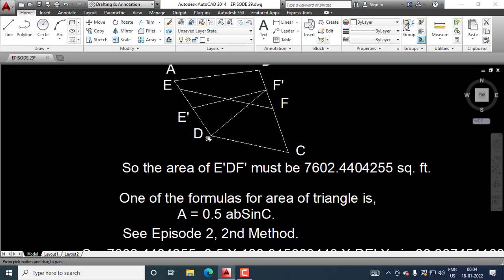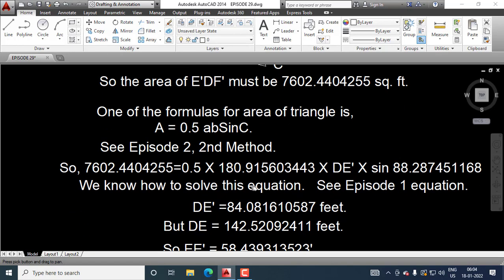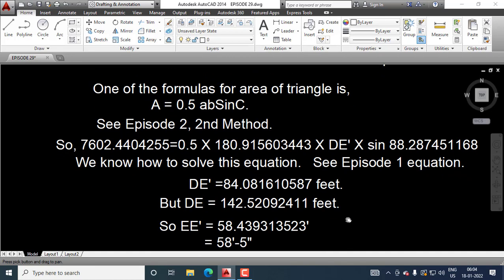We know AD. We know DE, this part. So DE is equal to 142.520,92411 feet. We got this figure from the previous episode. So if we deduct this figure from this figure, we get EE dash.